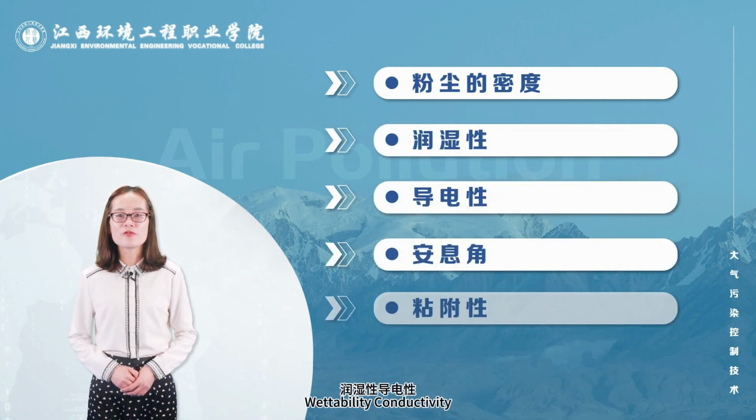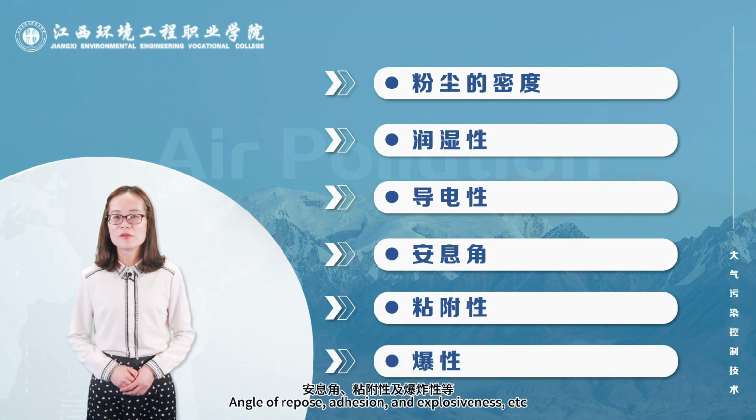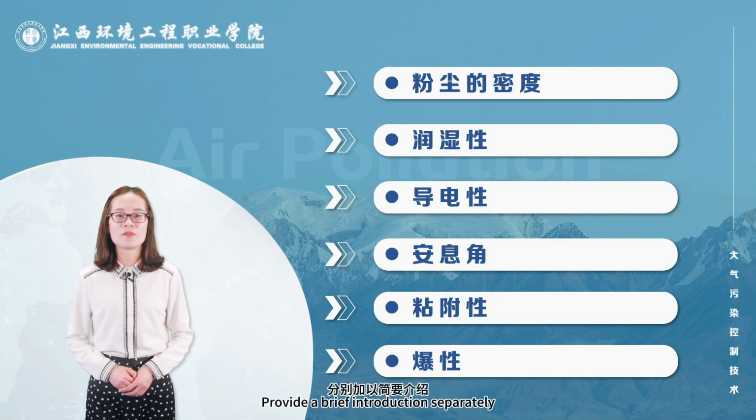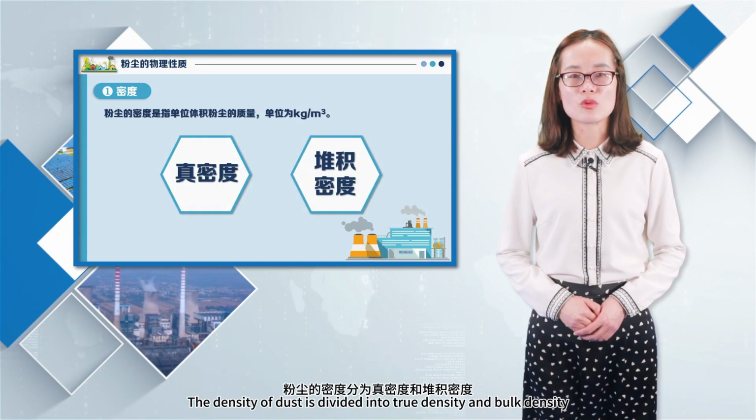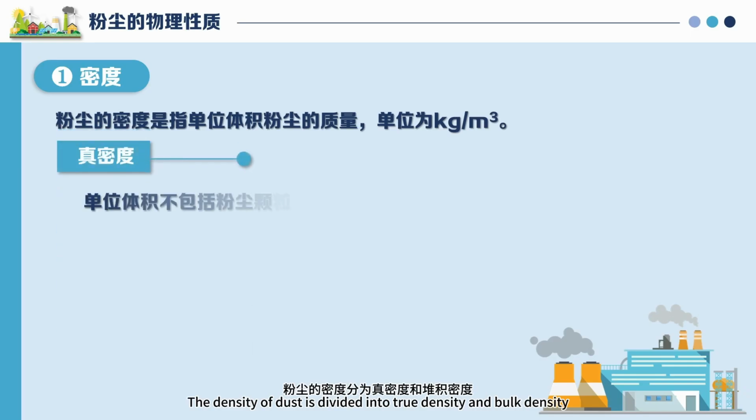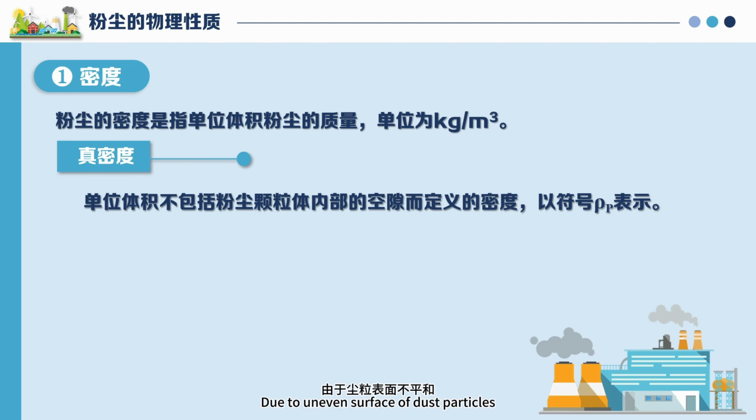Now we will investigate the main physical properties of dust: density, wettability, conductivity, angle of repose, adhesion, and explosiveness, etc. We will provide a brief introduction to each separately. The density of dust is divided into true density and bulk density. Due to the uneven surface of dust particles, there are gaps inside.